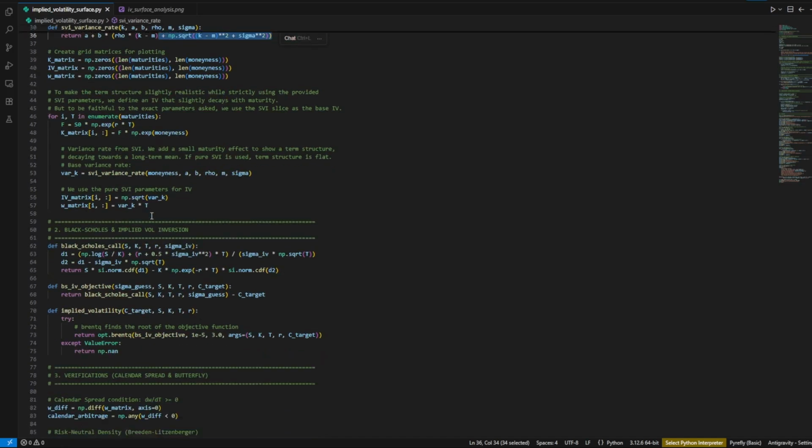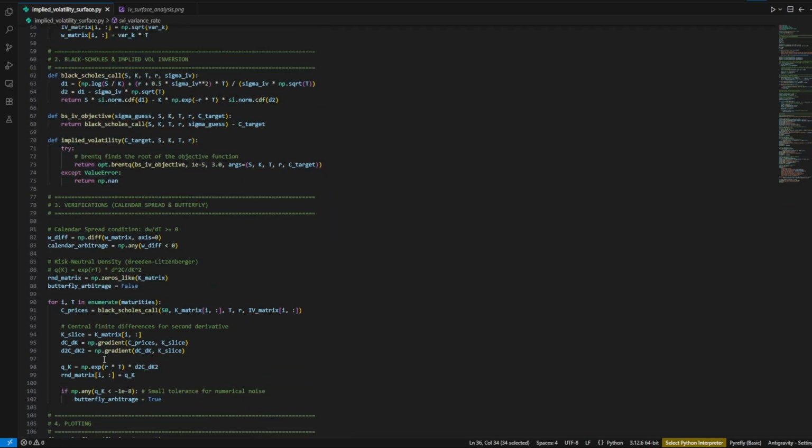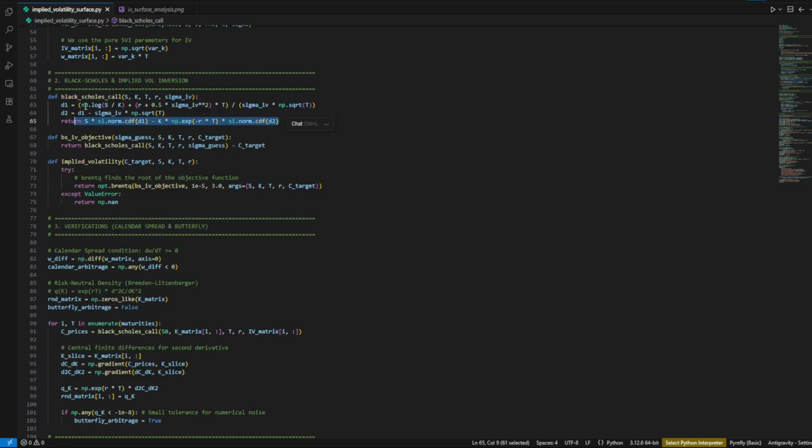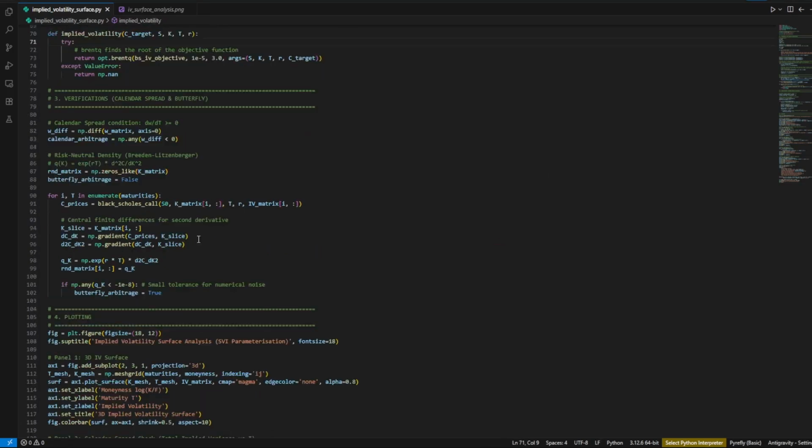Let's find it here. The exponential of rT multiplied by the second derivative of C over K squared.